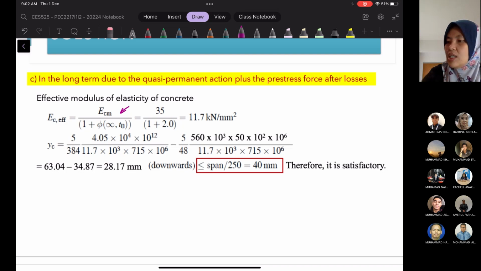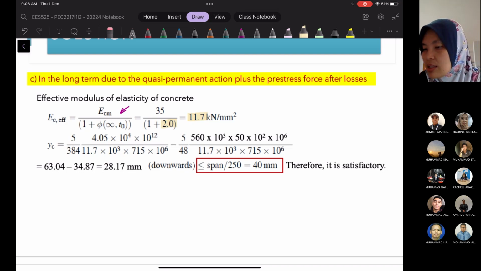In this question we have a creep coefficient of 2, so 35 divided by 1 plus 2. Now the effective modulus of elasticity has become 11.7 kilonewton per millimeter square, in consideration of the creep coefficient.